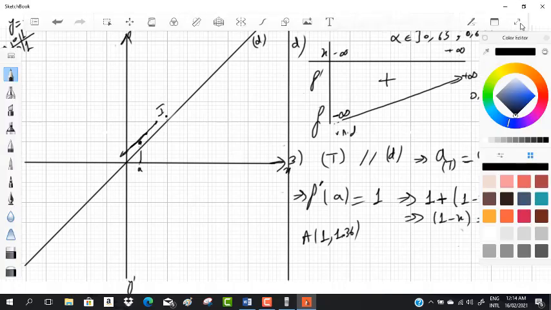Of course, I can take some particular points like f of 0. We have f of x equal x plus x e to the minus x, so f of 0 gives 0. Okay, that was drawing the curve.